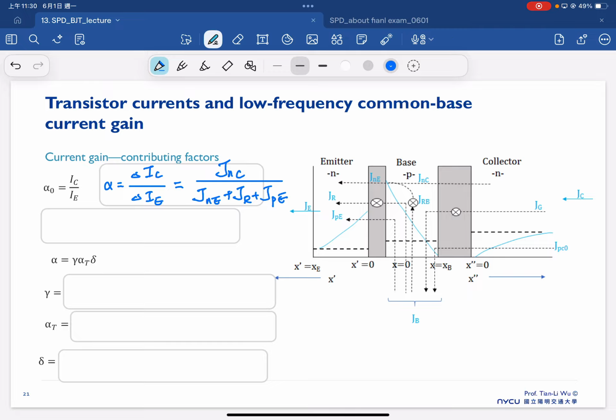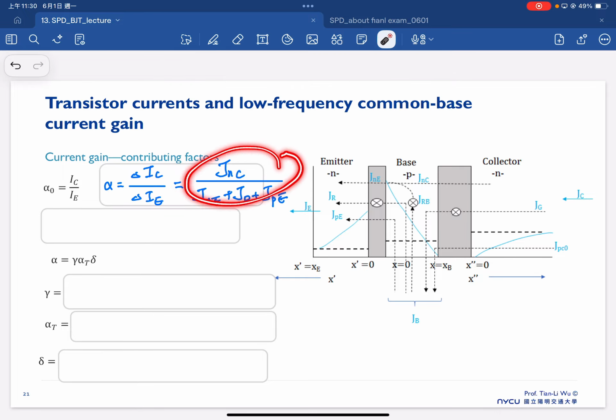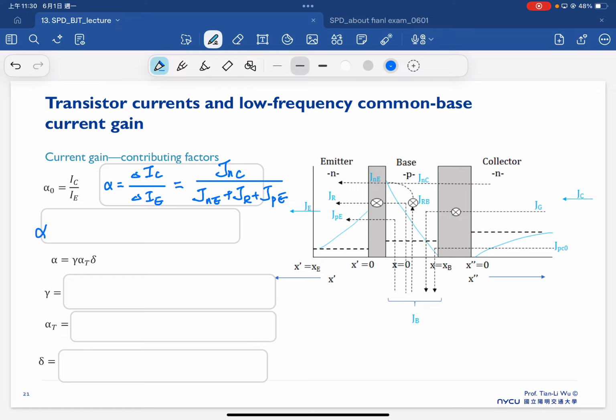Now we play a little bit of a trick to further divide this equation into three terms. So now we revise this as shown here. The first term is JNE over JNE plus JPE. I will explain why we do this later.